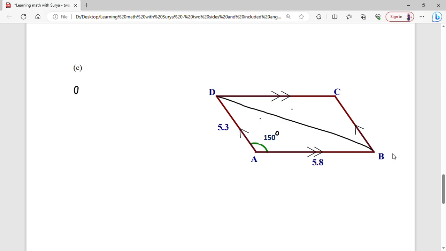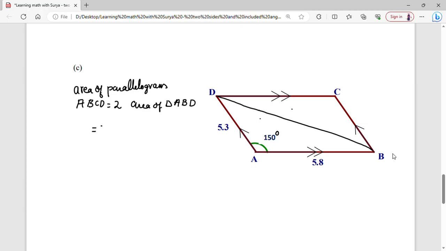So area of parallelogram ABCD will be 2 times area of triangle ABD, right?